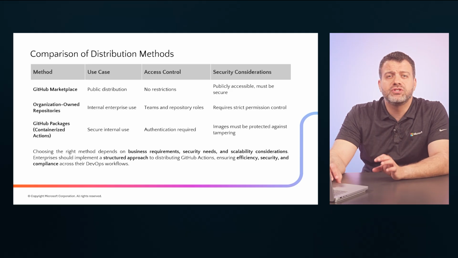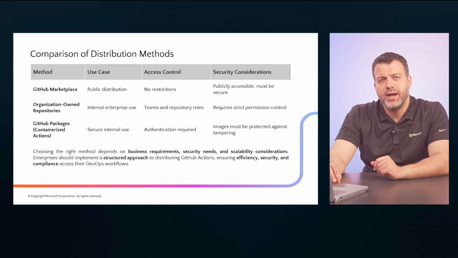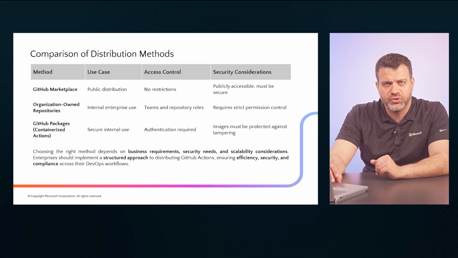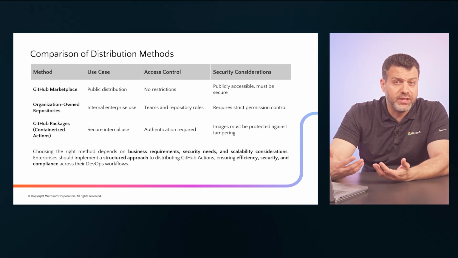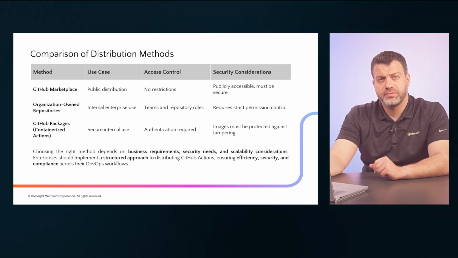GitHub Packages, best for containerized actions. If you have a container, go to GitHub Packages. Gives you the highest level of control and security. In most enterprise environments, you're going to use the organization repository. Packages are used for stricter security scenarios. The right choice really depends on how much control and security your organization needs.